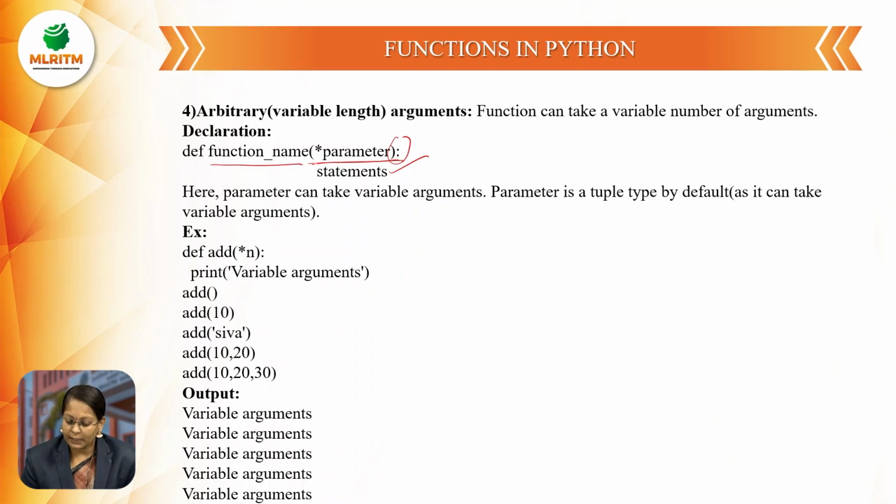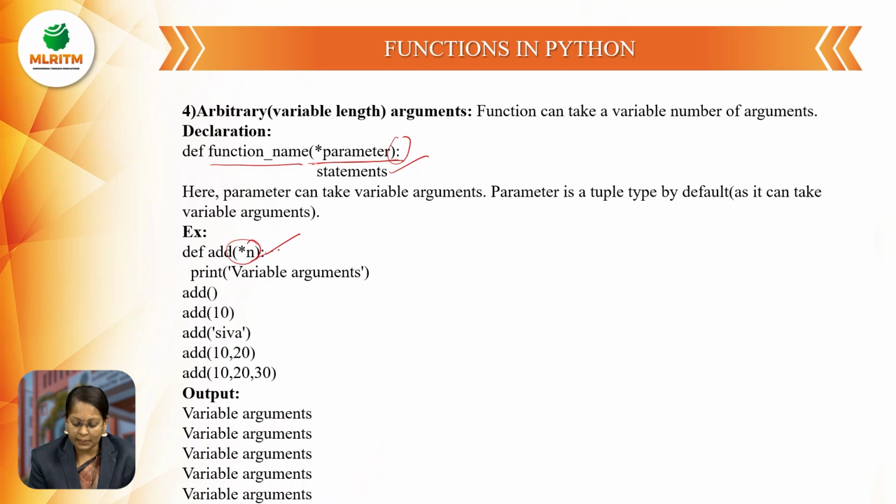So variable length means we can pass any number of arguments. We can pass one argument, we can pass two arguments, we can pass a string argument, we can pass n number of arguments. Def add, this is a variable length argument n.